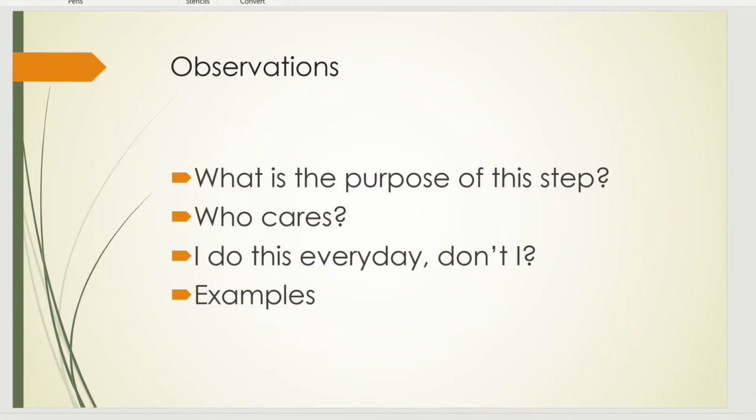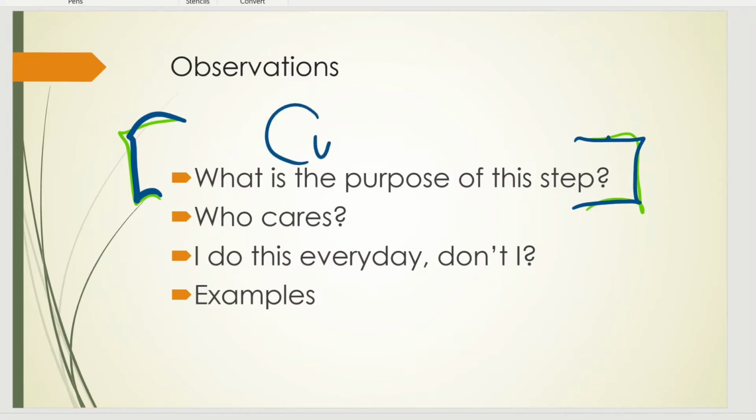But observation, once again, the purpose of this step is to create curiosity and kind of jumpstart science. Sorry, that is the wrong color. I want to make them all kind of match the colors the right way so that you guys don't get, like, what is he doing? Right, so curiosity.